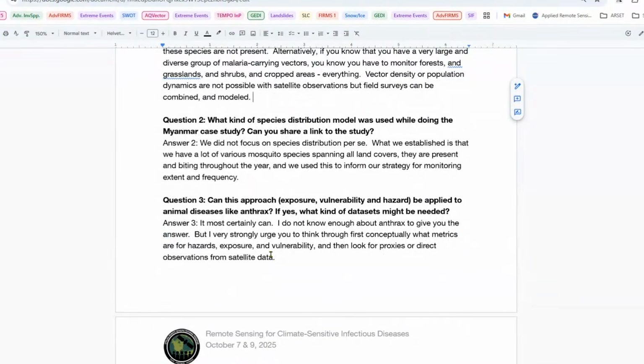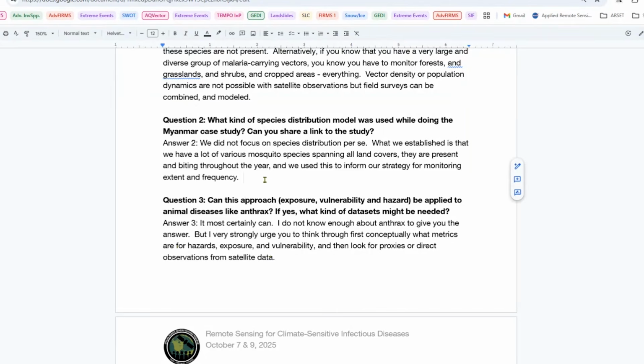So again, we were not interested in species distribution. All we needed to know is to conceptualize what kind of land covers presented more danger in terms of malaria transmission. And we looked through the literature and got a really good answer showing that the Anopheles species that carry malaria parasites are highly diverse, found across a different range of land covers.